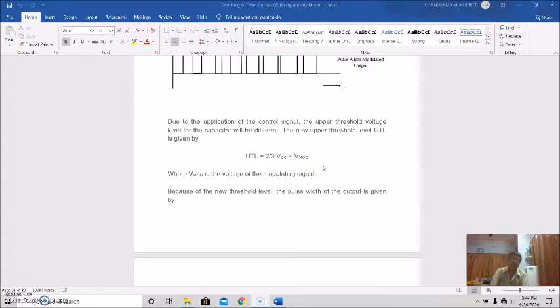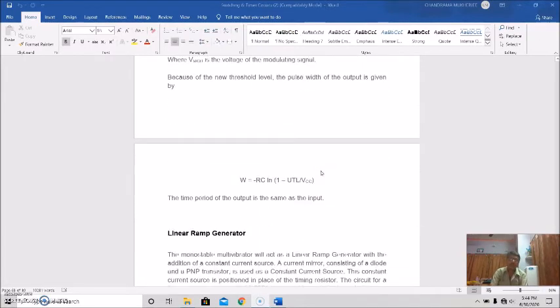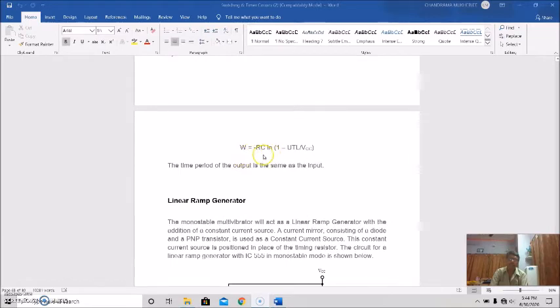Because of this new threshold level, the pulse width of the output is given by this expression, and as a result, the time period of the output, though it is the same as the input, the pulse width will be changed.